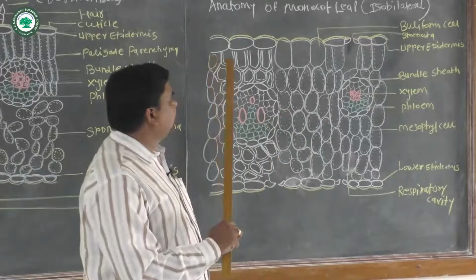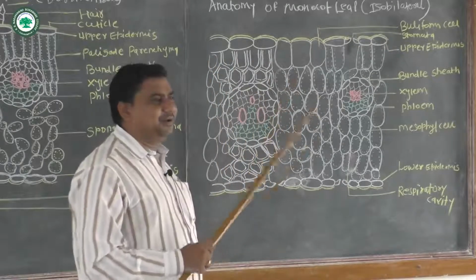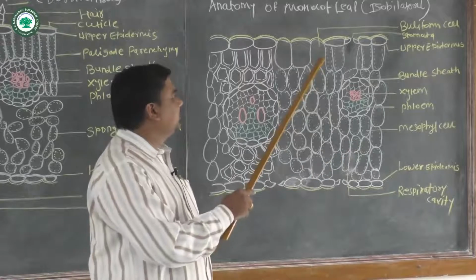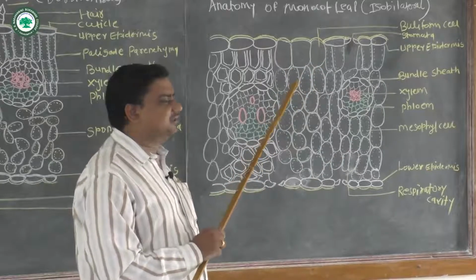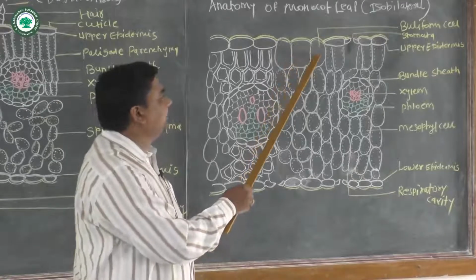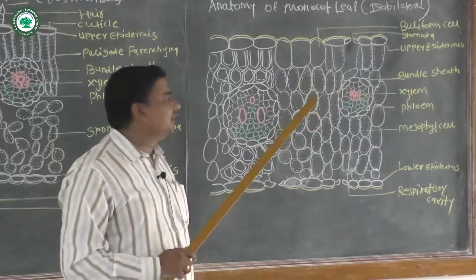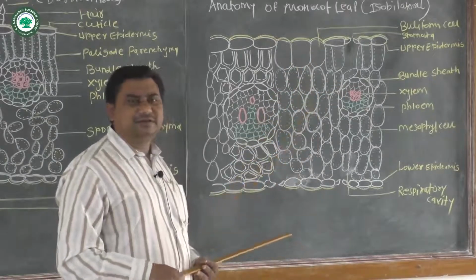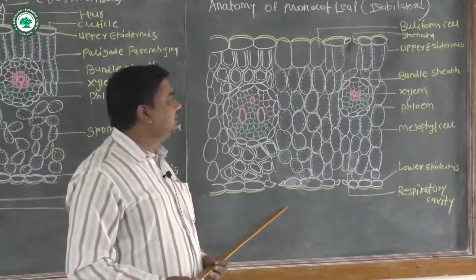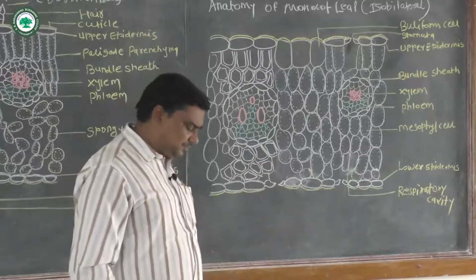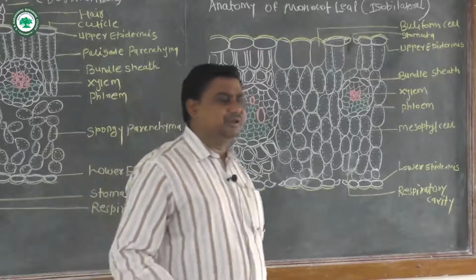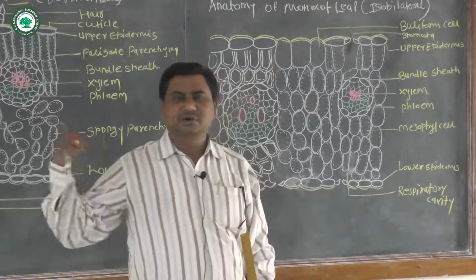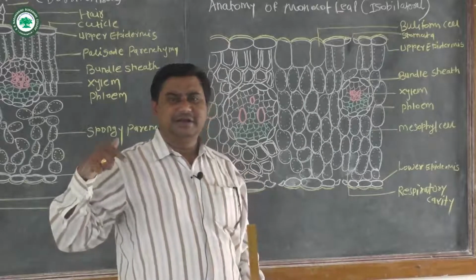You can remember again that there are bigger cells present on the epidermis, and these cells we call bulliform cells or motor cells.